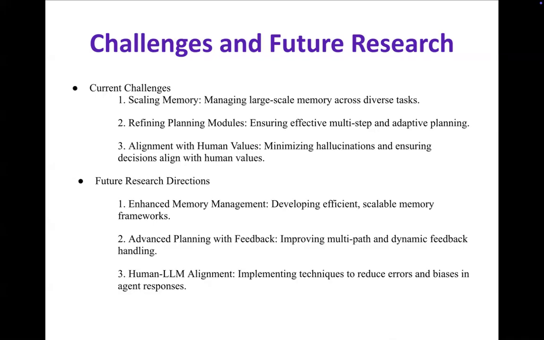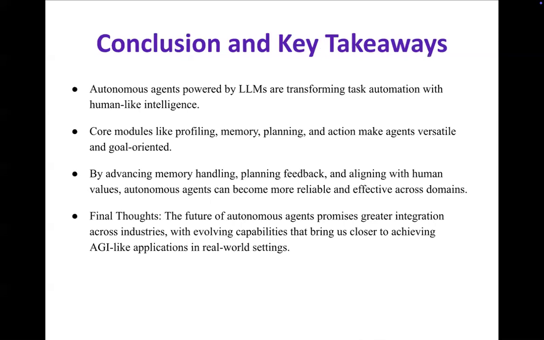Some future research directions include enhanced memory management, in which we are developing efficient, scalable memory frameworks. Some advanced planning with feedback. We want to improve multipath and dynamic feedback handling, as well as human-LLM alignment, in which we're going to implement techniques to reduce errors and biases in agent responses.